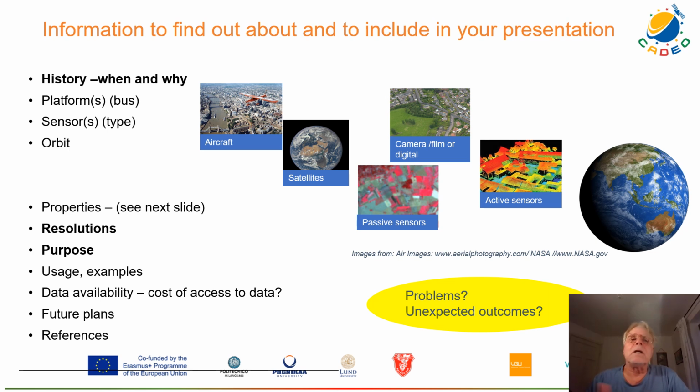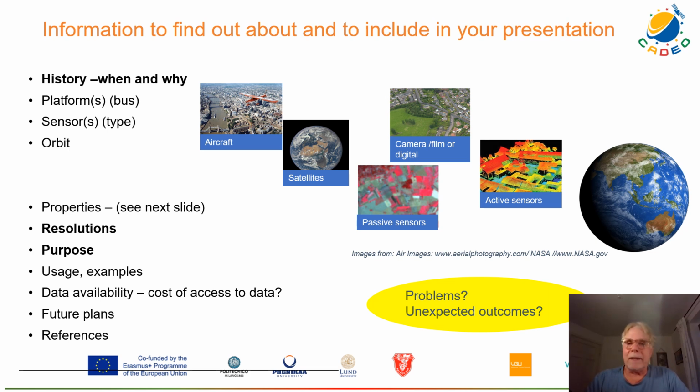How often, how many times, for instance, per year do we have images from that sensor? When did it start? How many years do we have data from a certain type of sensor? What's the cost to access the data? Is it free, or does it cost money to get the data?